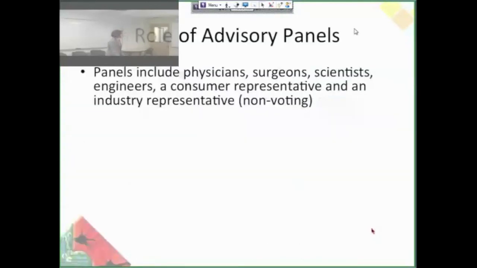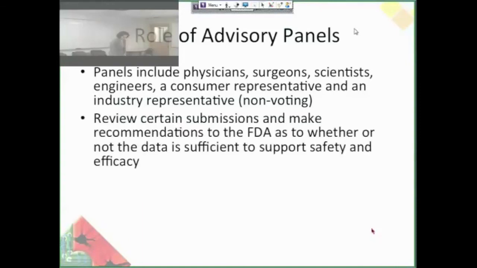So the advisory panels include physicians, surgeons, scientists, engineers, at least one consumer representative and one industry representative, but that industry representative is non-voting because clearly there would be some bias there. So they review the submission, they make recommendations to the FDA about whether or not the data is sufficient to support the safety and efficacy.